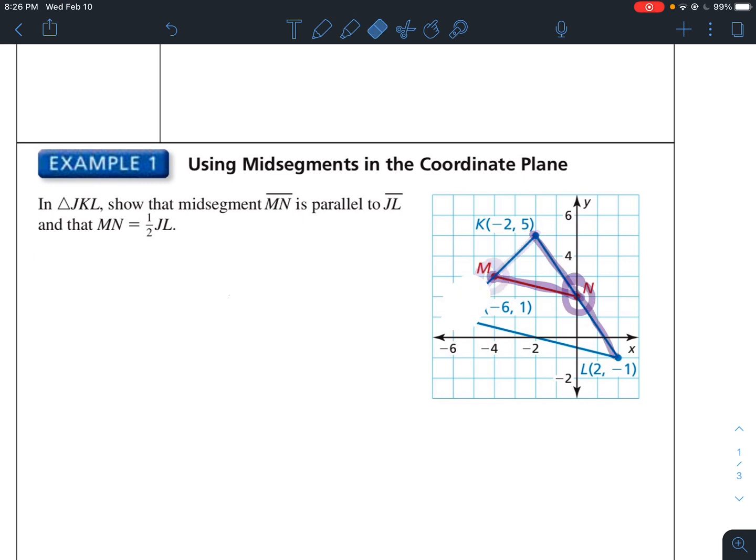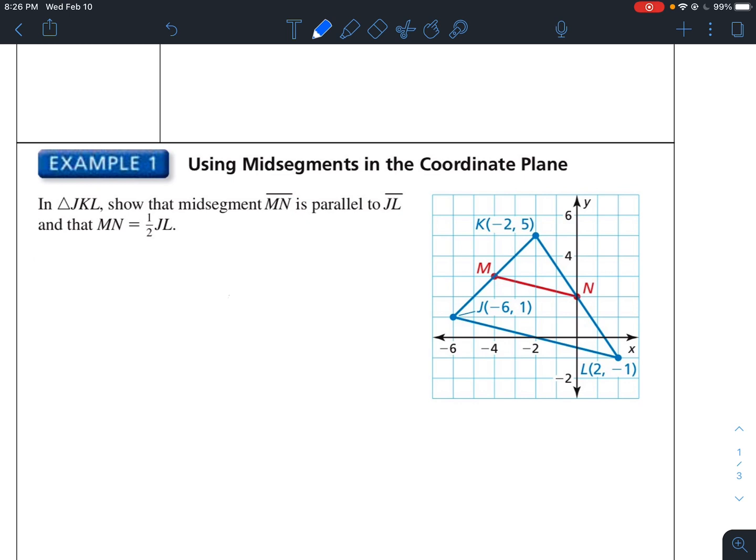So show that this mid-segment is parallel to JL, so that would be this line right here, and also show that this line right here is half the distance of this line right here. So that's what we want to show.